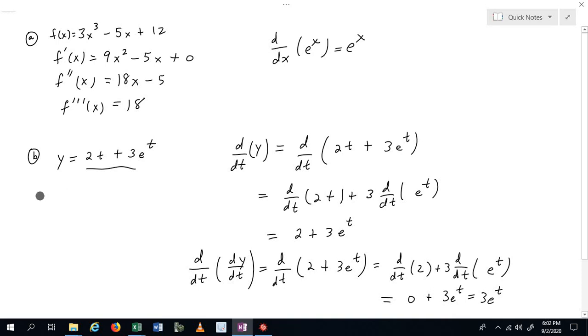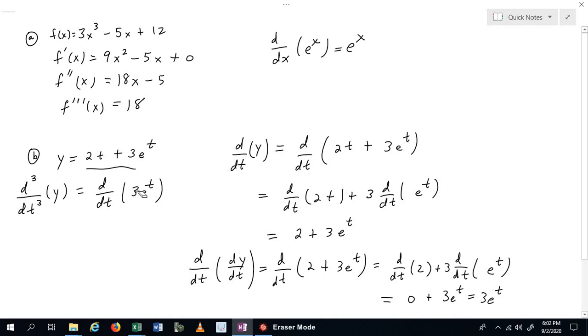Okay, and so we have to do this one more time to find the third derivative. And I'm going to write it like this now. So this is how we denote the third derivative operator. So the third derivative of y with respect to t would simply be the derivative of this second derivative, with respect to t.